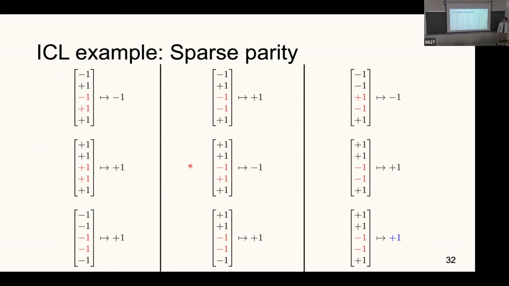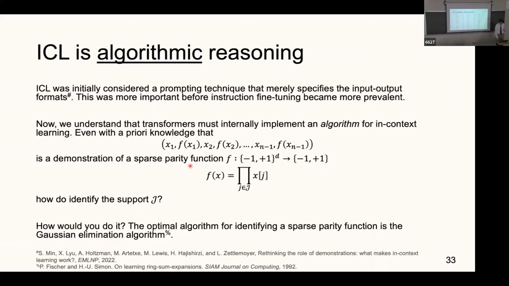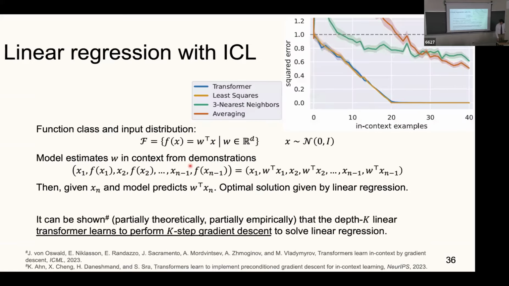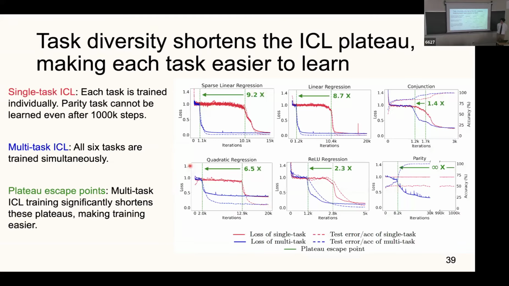For multitask training or LLMs, you mentioned that when we train it on a linear regression problem and it's successfully trained, we see that something like gradient descent is happening there.